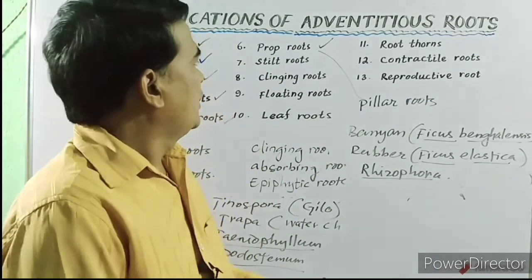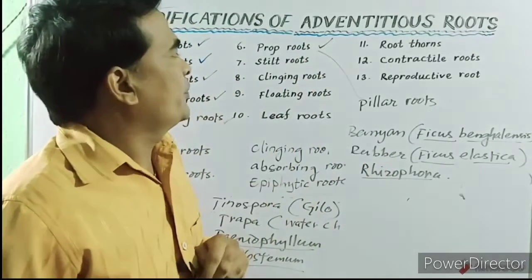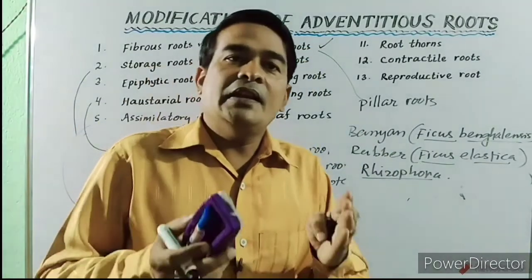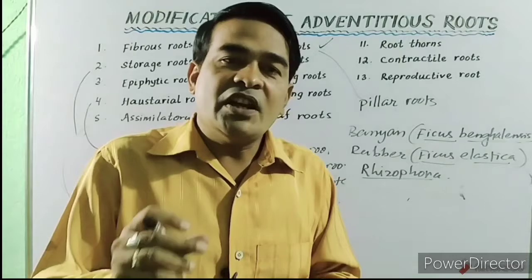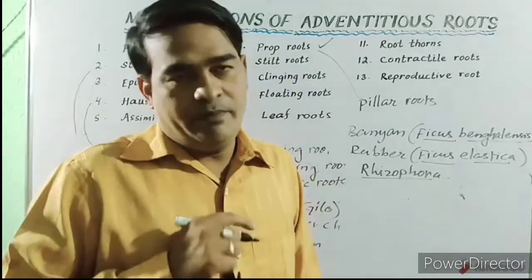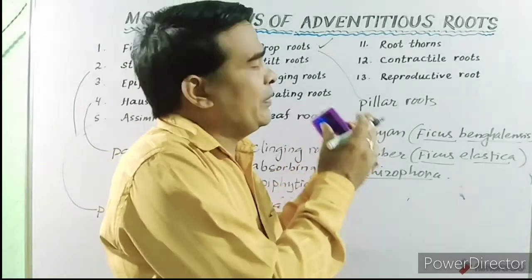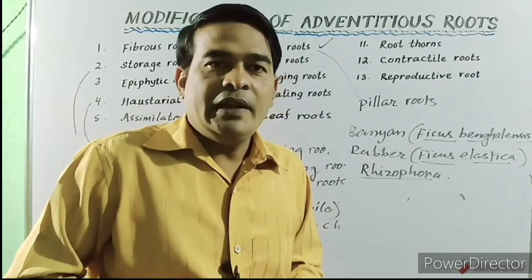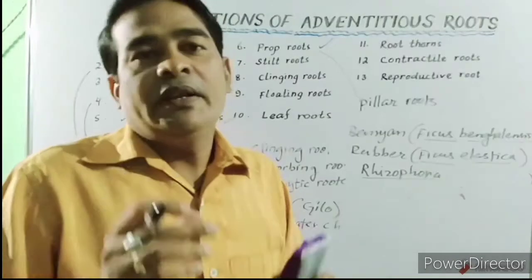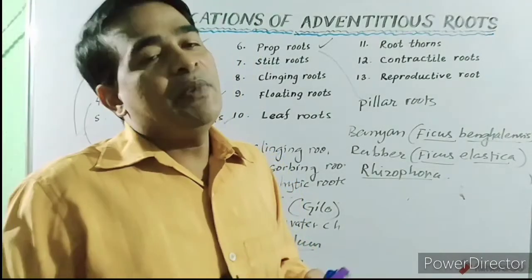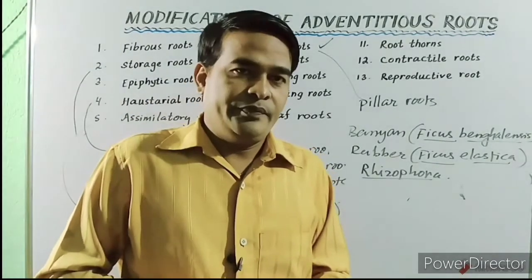Okay, and in young condition, these roots hang in air and absorb moisture from the same. They also have root caps, and on absorption of moisture they become reddish in color.